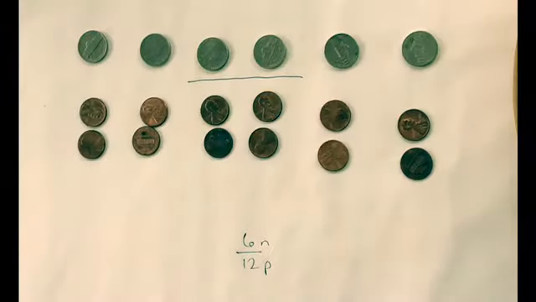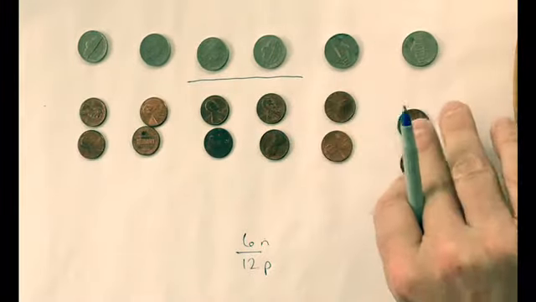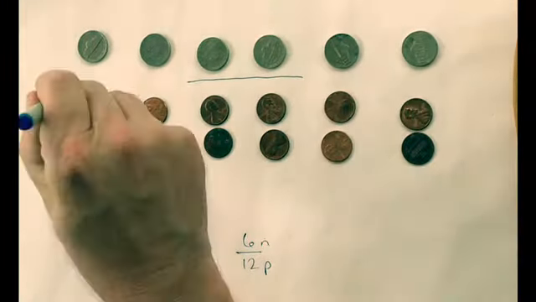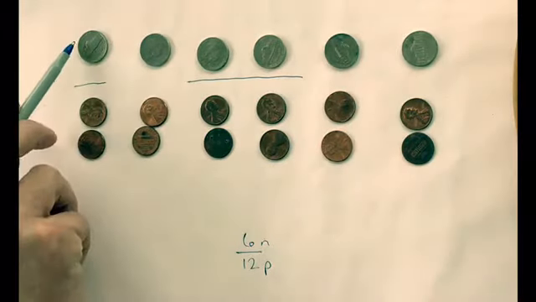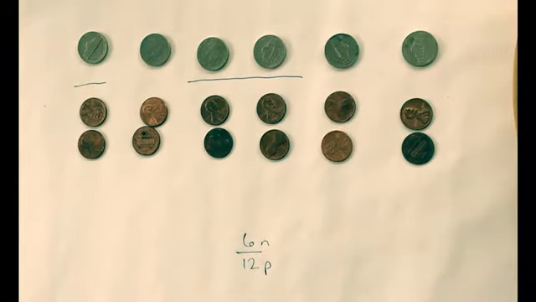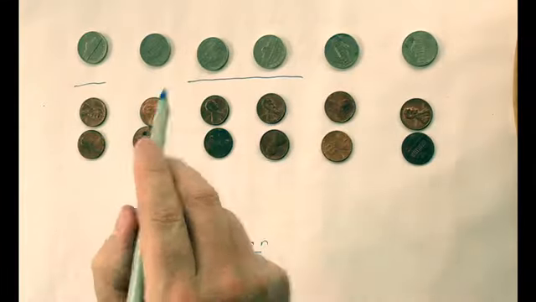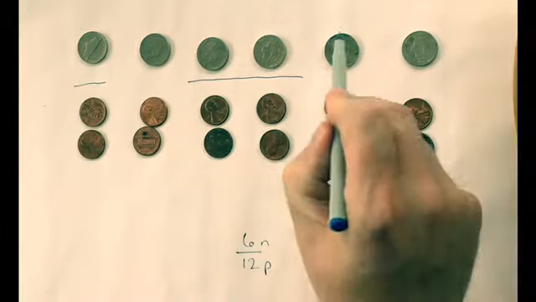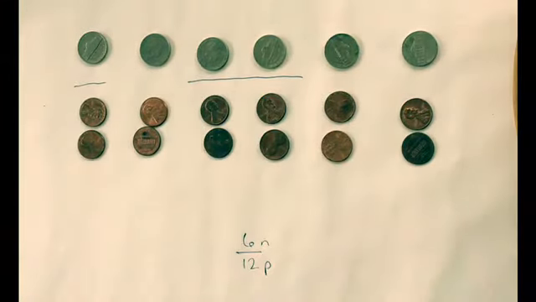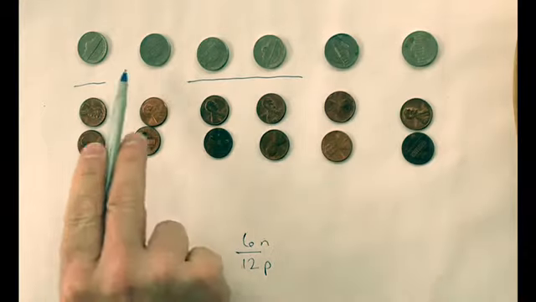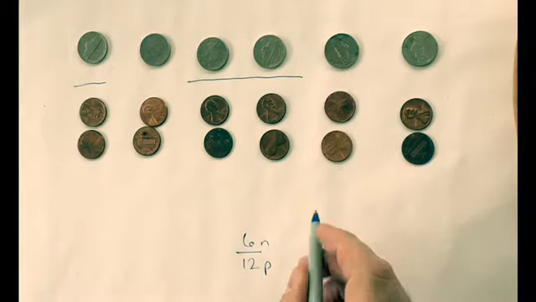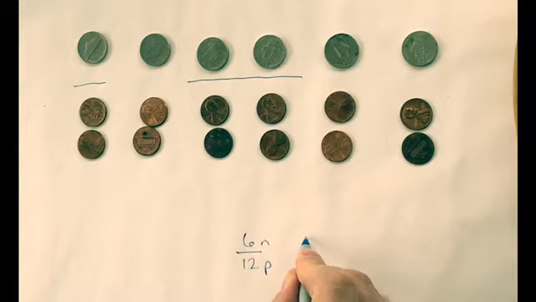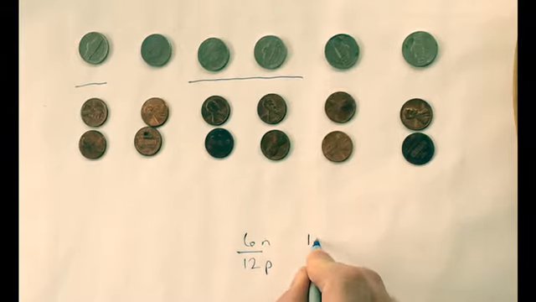Now, I'm still comparing how many nickels I have to how many pennies, except this time I have 1 nickel for every 2 pennies. 1 nickel for 2 pennies, 1 nickel for 2 pennies, 1 nickel for 2 pennies, 1 nickel for 2 pennies, and 1 nickel for 2 pennies. So I started with 6 nickels and 12 pennies, and I ended up dividing them out and got 1 nickel for every 2 pennies.